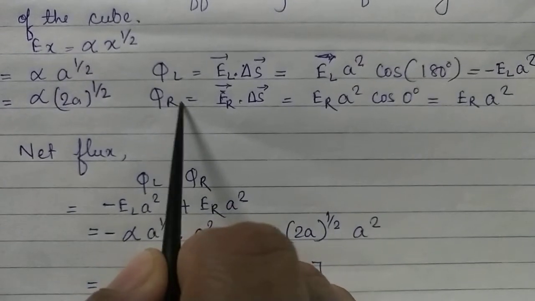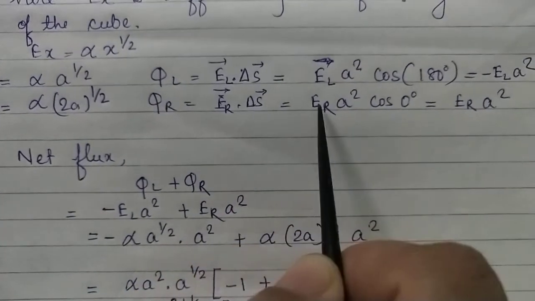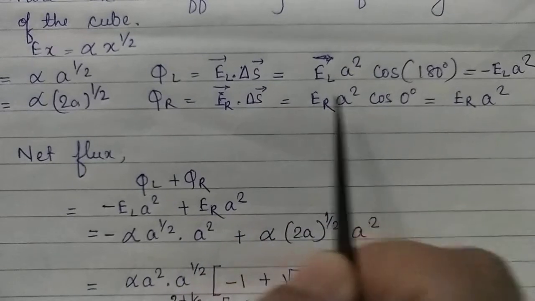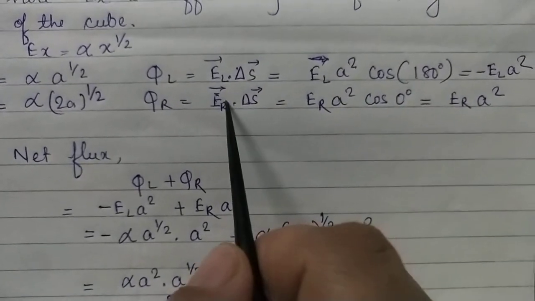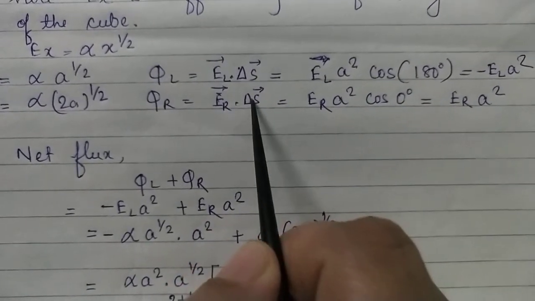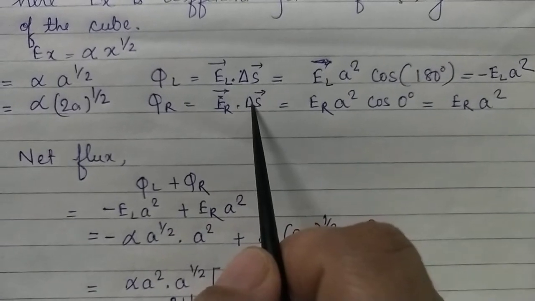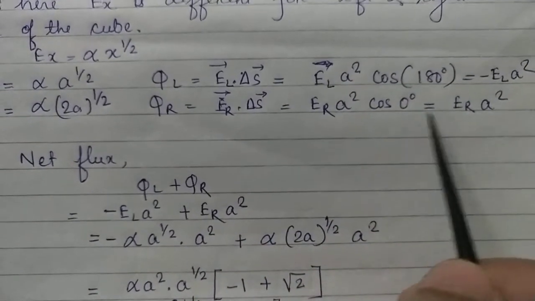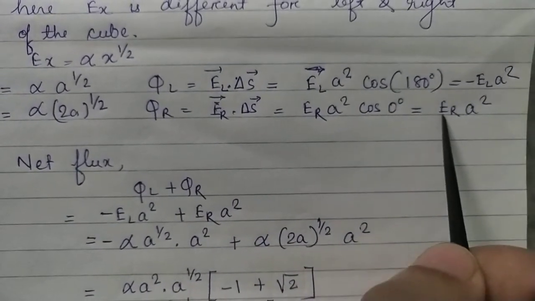For the right face, E_R times area, again the same a squared, and the angle between the electric field and the area vector is 0, so cos 0 equals 1, we get E_R a squared.